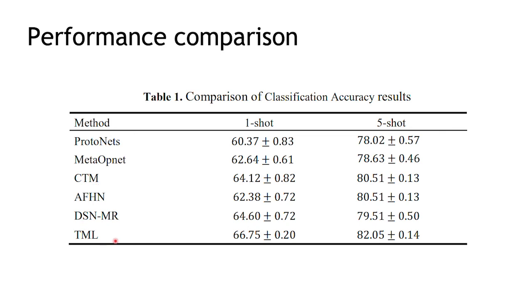TML still yields results that are superior to MetaOptNet and CTM for both one-shot and five-shot cases. This indicates that the transformer can exploit the correlation between support sets so as to learn highly discriminative features.